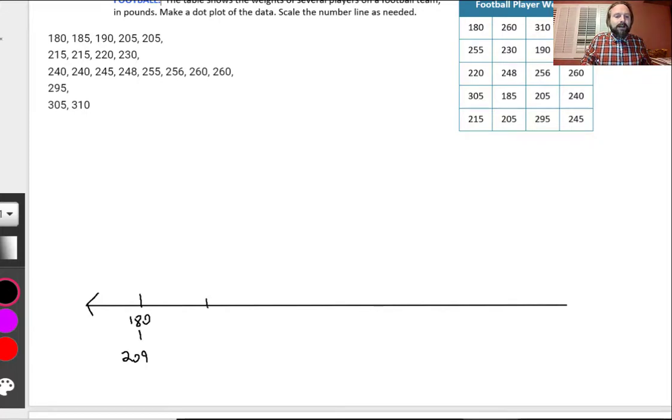And then from 210 through 239, followed by 240 through 269, 270 through 299, and finally 300 through 329. And so here is my dot plot number line right here.